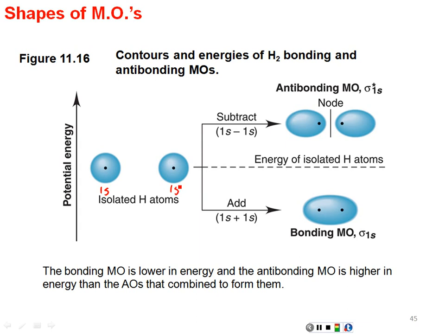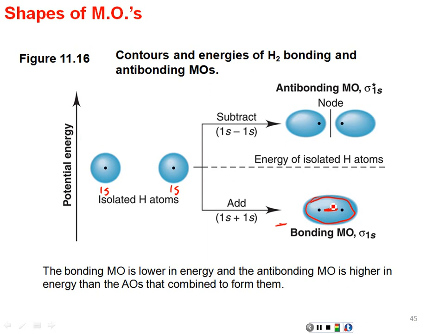Now when we add them to form molecular orbitals, we can have a bonding molecular orbital, shown below on the left. The orbitals mix, and they form the bonding molecular orbital, where you have electron density along the bond axis.